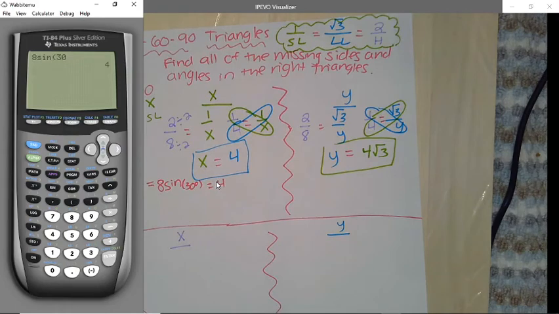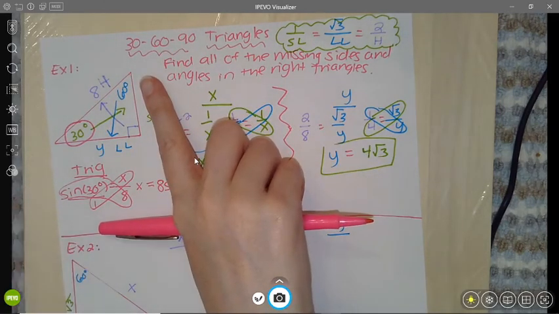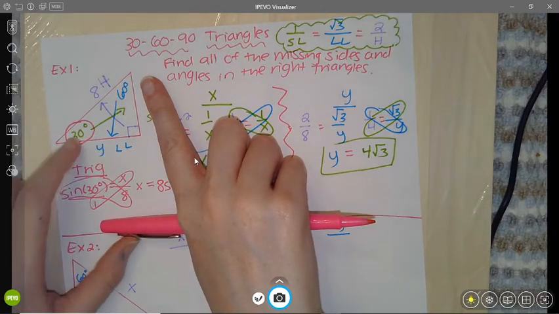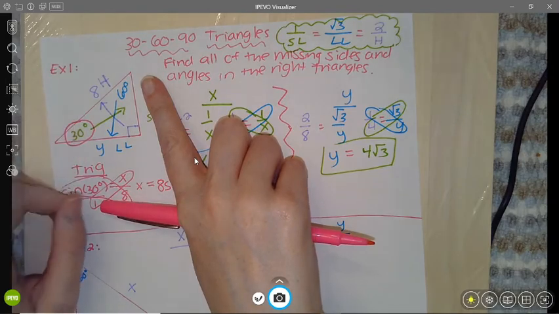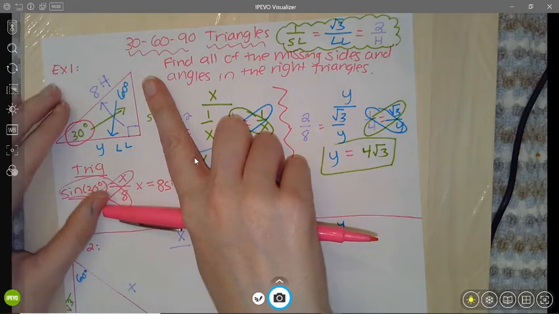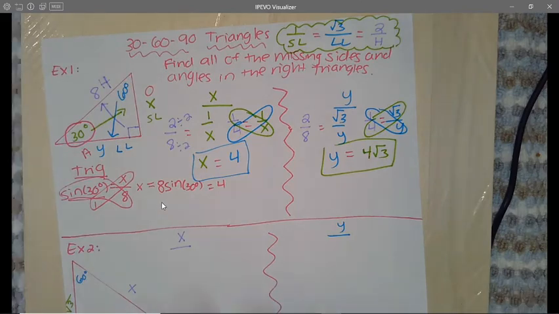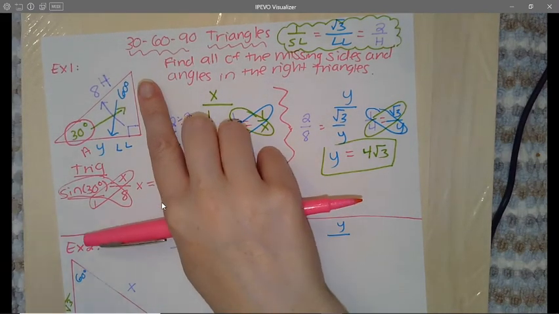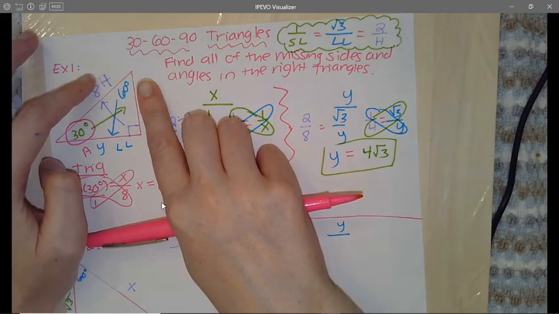And again, if you want to solve for y, you do the same thing. So I'm going to ignore the x. The y is the side right next to the 30-degree angle, but it is not the hypotenuse, which means it's the adjacent side. You guys already knew. All right, now solving, I'm going to ignore this one for right now. Which trig function has an adjacent and a hypotenuse?